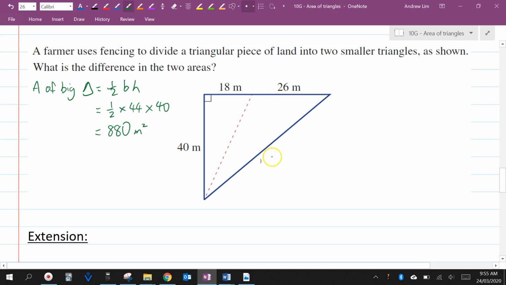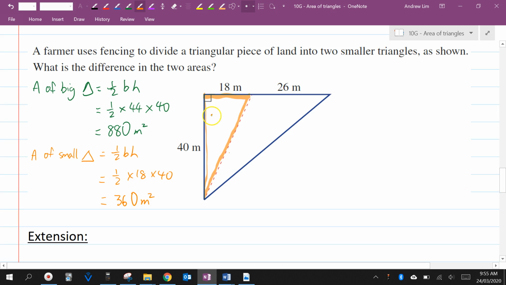Well, now that I've done that, I can work out the area of this right angle triangle. So the area of small triangle, half base times height, half times 18 times 40. Half of 40 is 20. 18 times 2 is 36, so I'm just going to add the 0. 360 square meters.